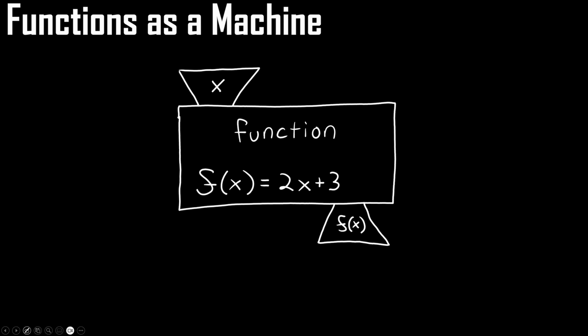Now let's say our input is 2. So we're going to put 2 into the input, and then we're going to apply this rule. So 2 times 2 plus 3, which will be 7. So it'll output 7.